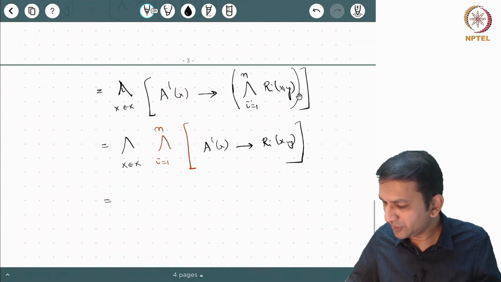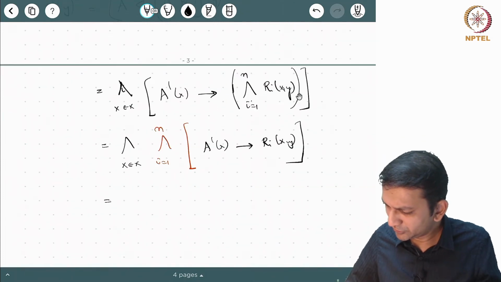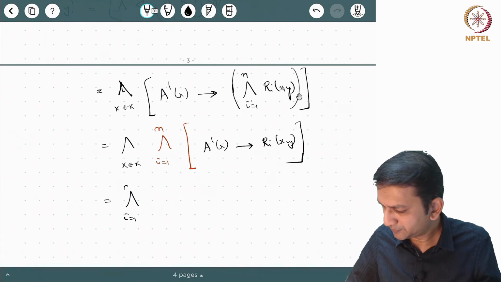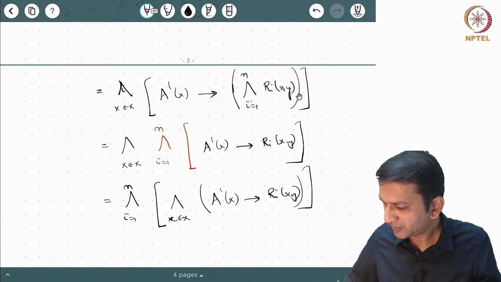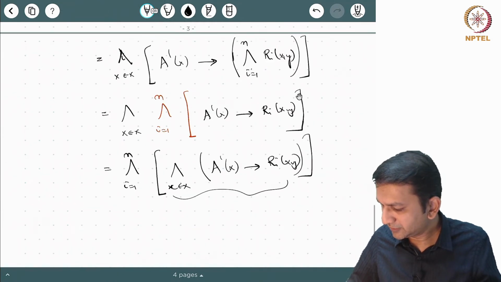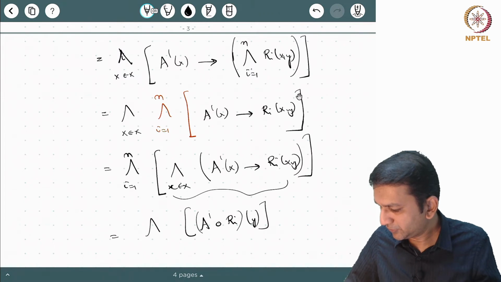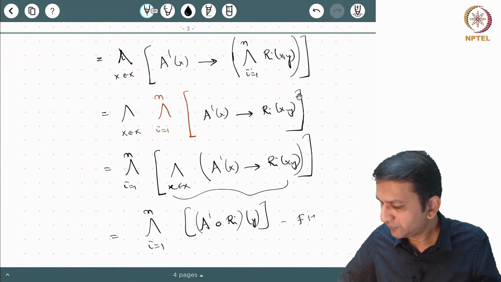Now, once again, interchanging the conjunctions, what we get is the inf over i of Ri of x,y. Now, you readily recognize this is nothing but A dash composed with Ri at a particular y, for i equal to 1 to n. So clearly, this is the FITA inference.